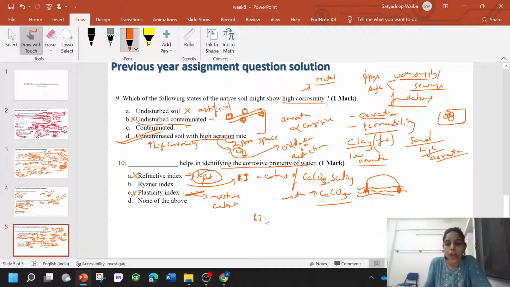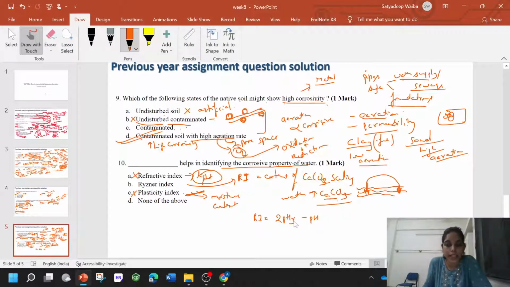The formula of Ri is 2 pHs minus pH. pH is the acidic or basic level of water; it determines if it is acidic or has a lot of basic salt. If it has CaCO3, it should be towards the basic nature, right? Because calcium is a basic salt.